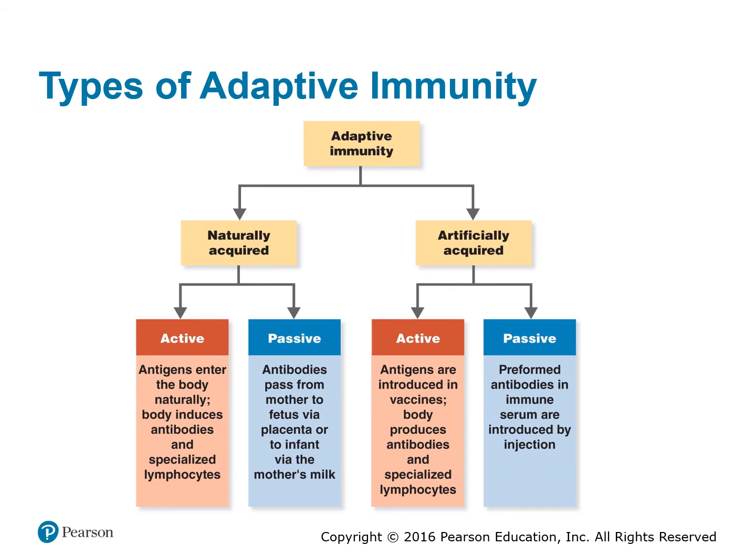Passive is, as I said, when you are given the antibodies. Let's say someone got bit by a snake. If they got bit by a snake, you don't really have that much time to make your own antibodies. Because if this is your first time getting bit by a snake, remember how I said it would take up to 10 to 17 days for you to make a good amount of antibodies.